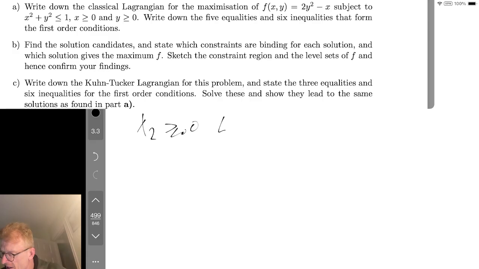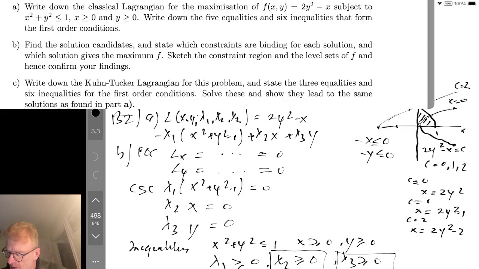Let me write down the Lx first, and then you do the Ly.